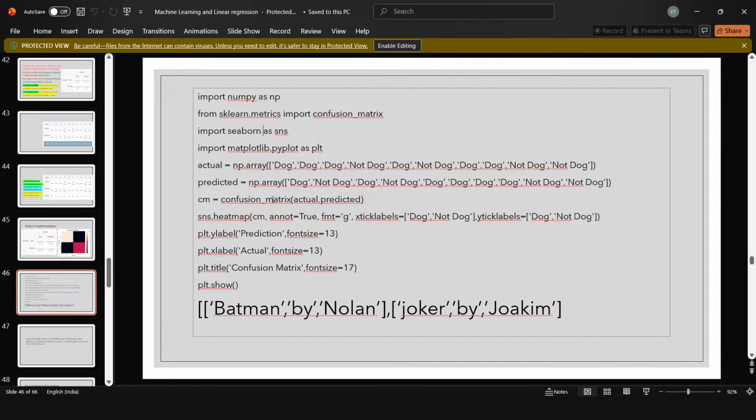This confusion matrix function takes actual and predicted arrays as input, but these are not just normal arrays. You have to give them np.arrays. np.array basically creates a numpy array from the normal list that is present in Python.